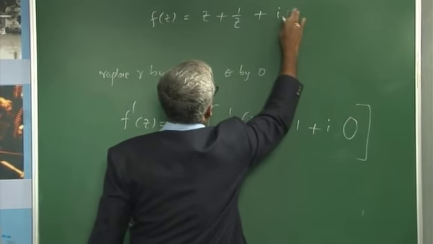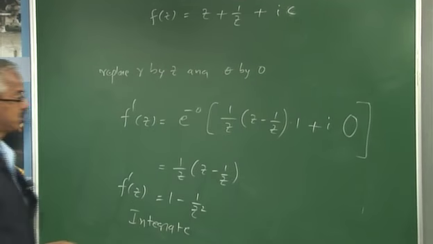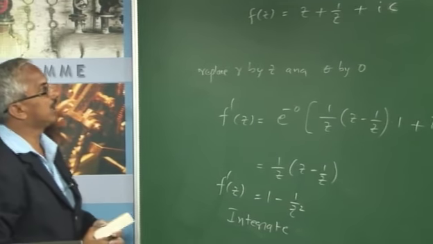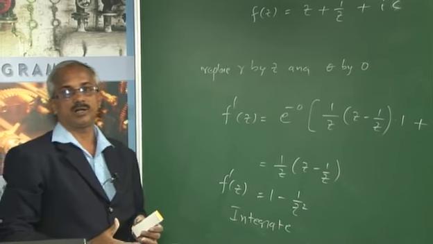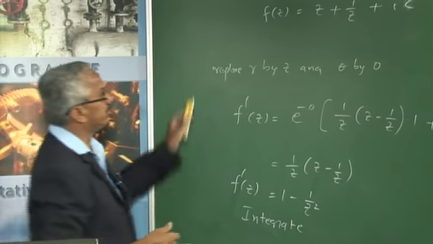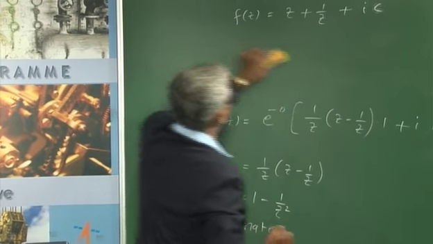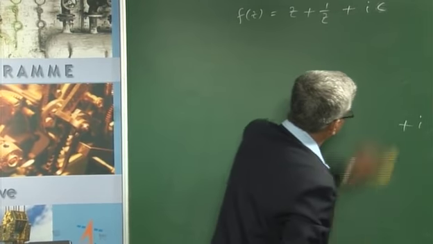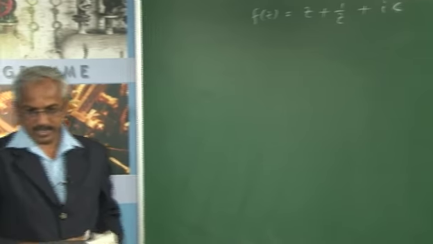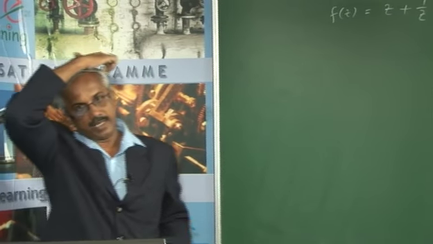But here I am adding a constant. The arbitrary integral constant I am choosing as iC, because the imaginary part of an analytic function is given. Then we can easily eliminate iC by taking a suitable value, so that the actual imaginary part can be obtained. So f(z) is obtained. This is the analytic function.